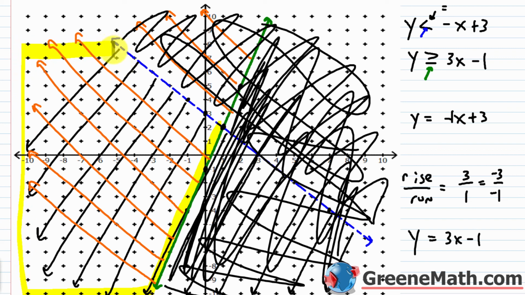And then this blue line here is not included, so I'm just going to highlight that. So the green line that's highlighted here, that's included. The blue line, not included. And then I'm going to shade everything in this area. This is the section of overlap, or the part of the coordinate plane that satisfies both inequalities. And so this is the solution for the compound inequality with and.